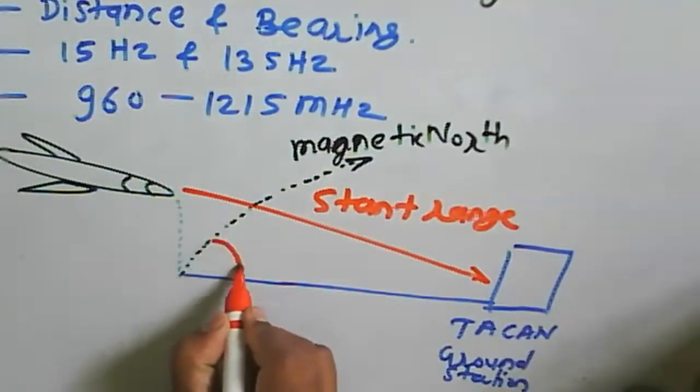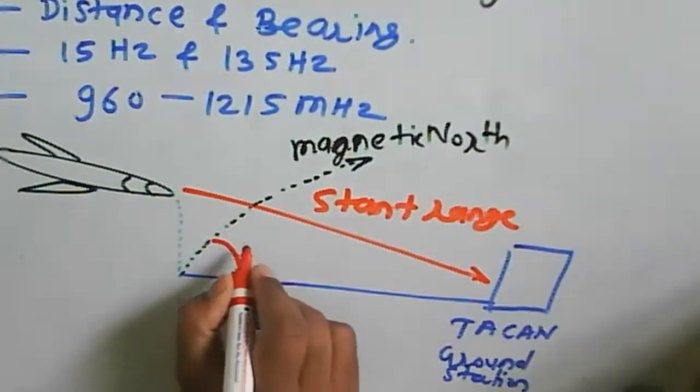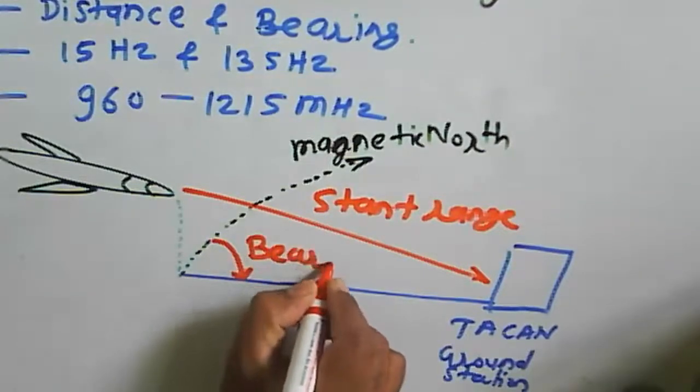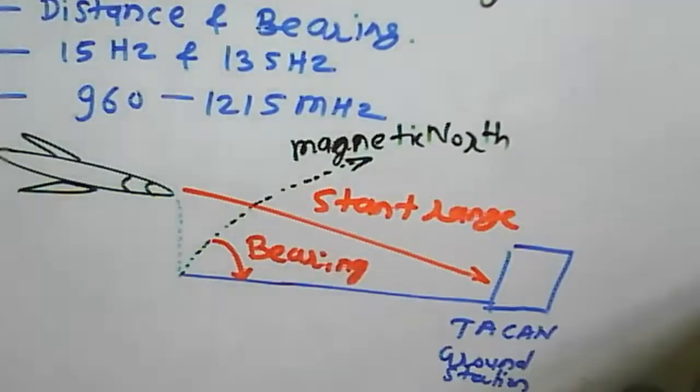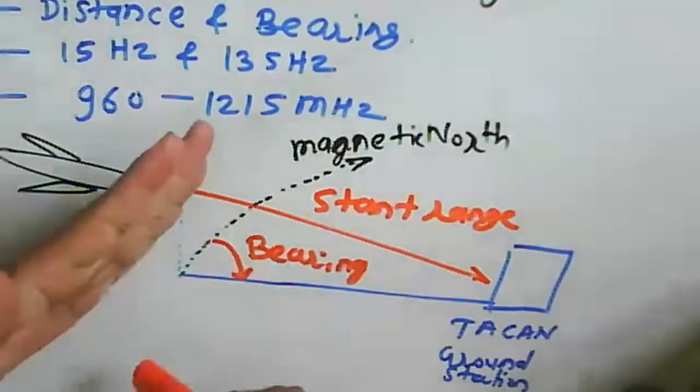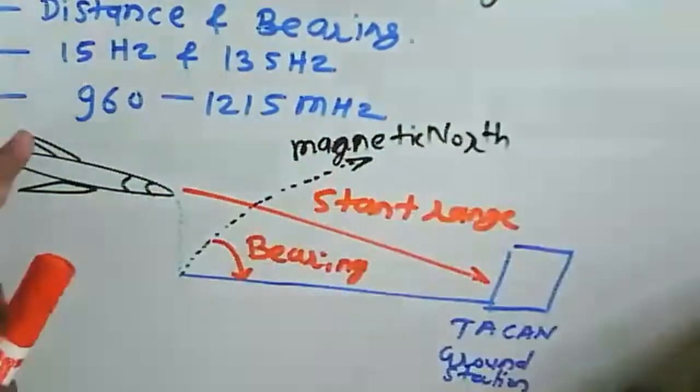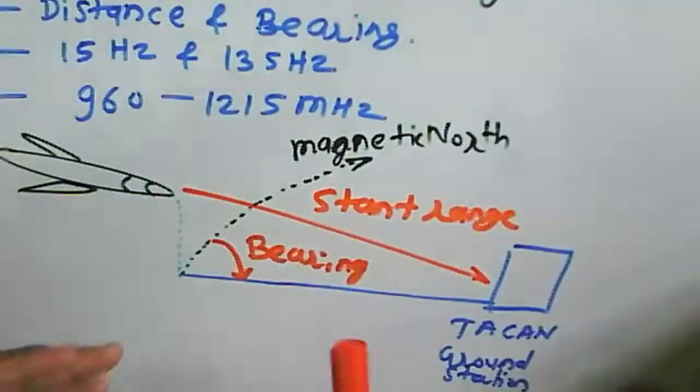This is the bearing from the magnetic north. Just as generally with the north and south pole, we use it to find the bearing information.